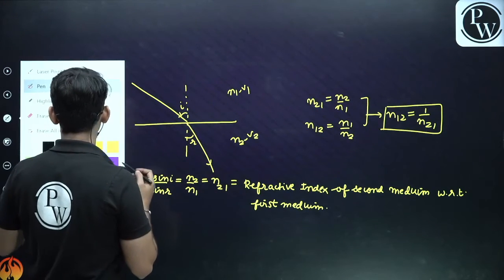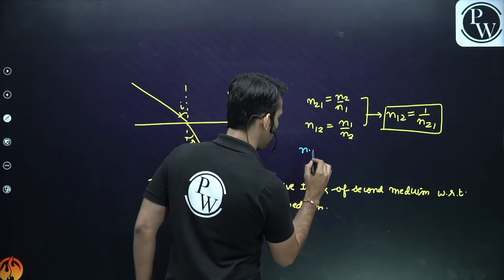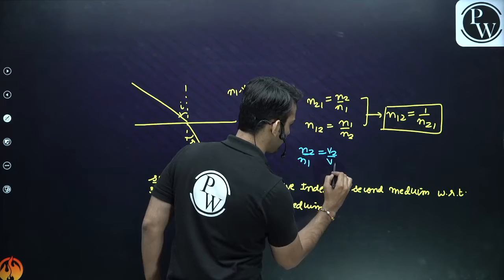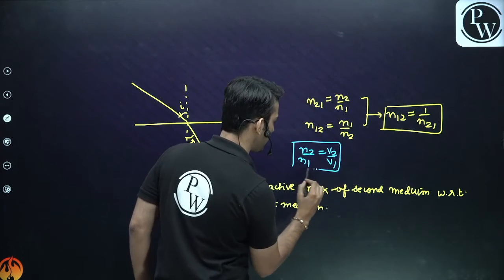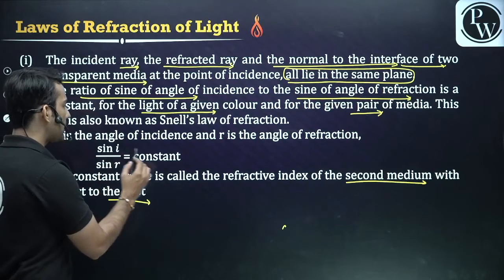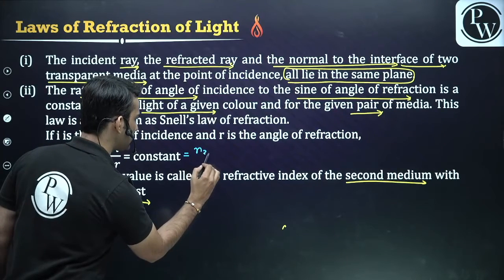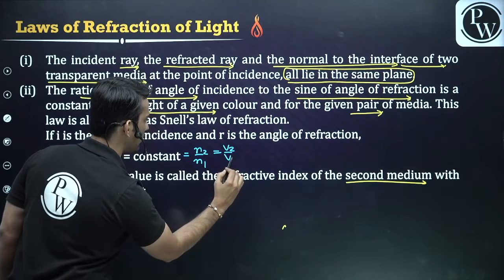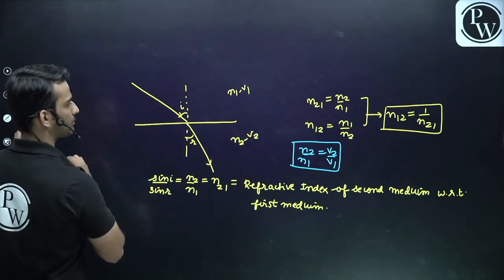I had told you one more formula, that n2 upon n1 is equal to v2 upon v1. So guys, these are the basic formulas you should be knowing. Clear? So sin i by sin r is constant, and this is n2 upon n1, which is equal to v2 upon, sorry, v1 upon v2.